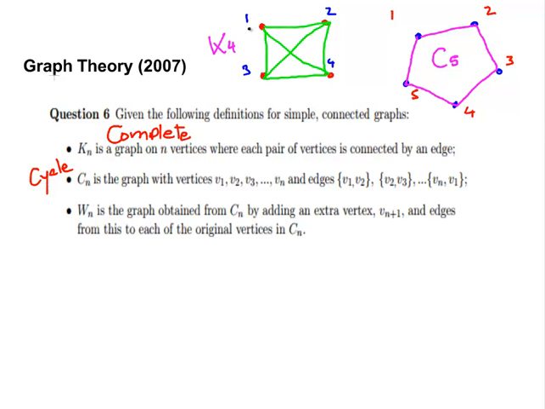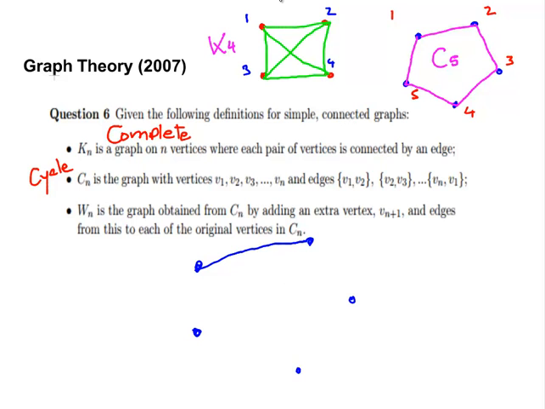Wn is a graph obtained from Cn by adding an extra vertex, Vn plus 1, and the edges are connected to all of the vertices of the original. So let's have a look at that again. 1, 2, 3, 4, 5, and they were connected like that.